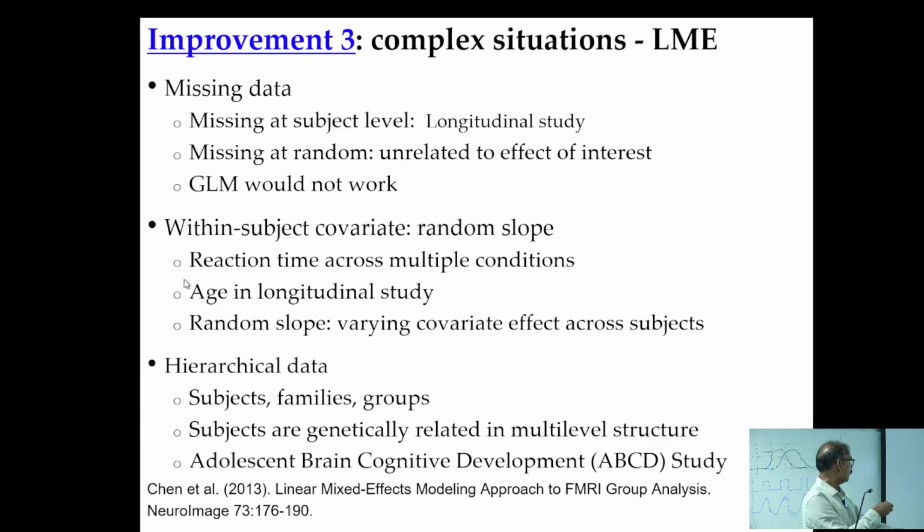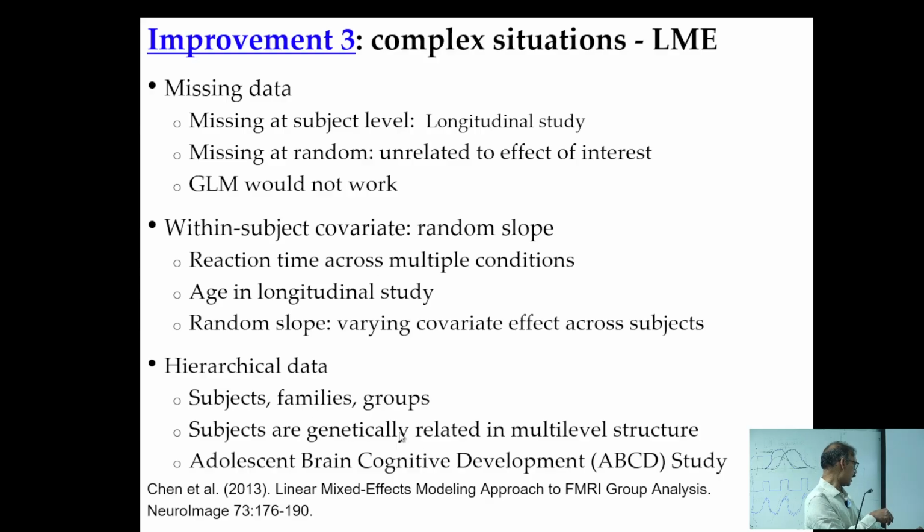You can also have other covariates, for example, reaction time across multiple conditions, age in a longitudinal study, random slope varying covariate across subject. You could also have hierarchical data where there are families and groups, and subjects are generally related in a multi-level structure.